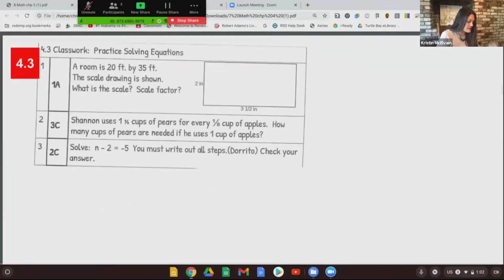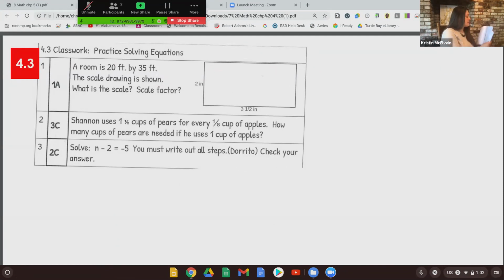4.3. And looking at this number one, it's talking about a scale drawing. What is a scale and a scale factor? If you were to look in your red resource book at 1A, it's actually not helpful. But in your notes number 30 for scale drawings.